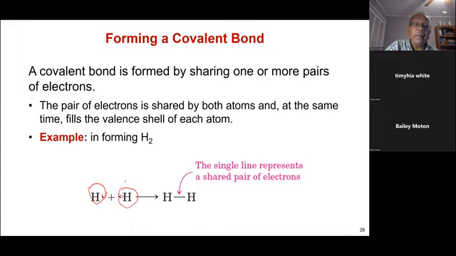They share between the hydrogens. This sharing gives two electrons to both atoms. Therefore, each hydrogen atom is like helium, with the noble gas electronic configuration. Therefore, it is stable.